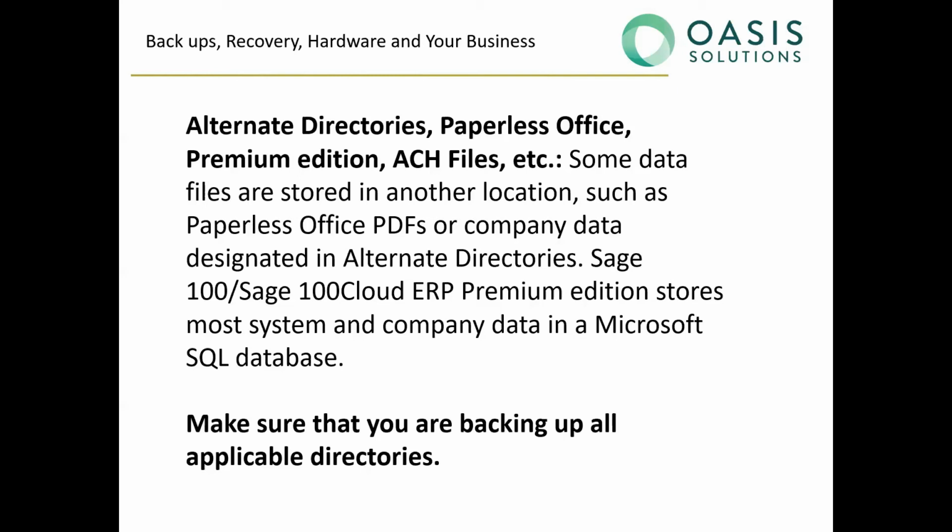And with that being said, if you're not using payroll, or if you are, when we do an upgrade, the path of your Mas 90 folder is going to change. So you need to make sure that you're setting your backup to the new location, or that you're sharing that information with your IT professional.